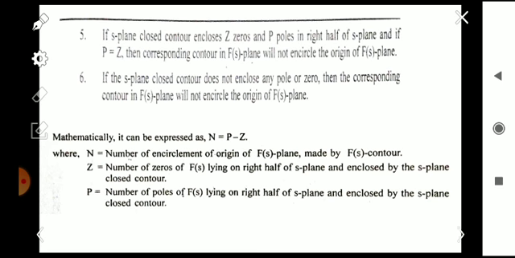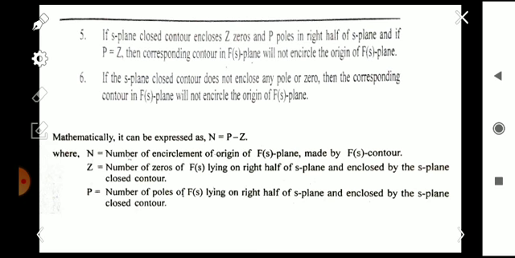And the remaining point is, if the s plane closed contour encloses Z zeros and P poles in the right half of s plane, and if P is equal to Z, that is, the number of poles equals the number of zeros, then the corresponding contour in F of s plane will not encircle the origin of F of s plane.